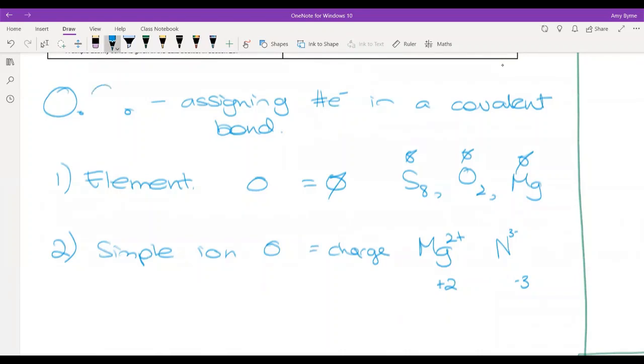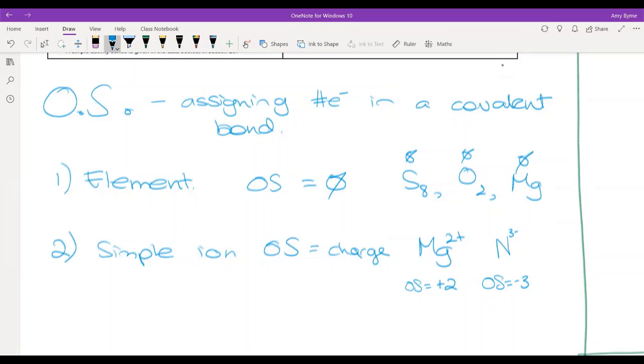So let's go back and fix this. So this is oxidation state, and this has an oxidation state of +2 and an oxidation state of -3. This will become obvious when we start talking about the transition metals and the fact that they can have different oxidation numbers.